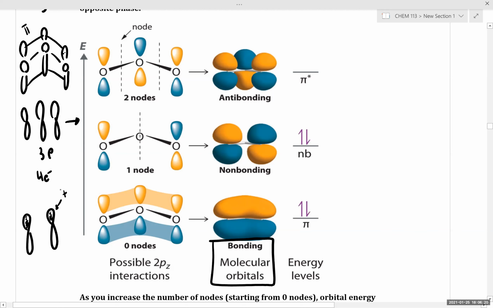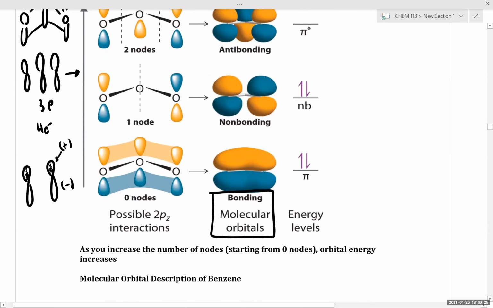The phasing refers to positive and negative amplitude phasing, just like from the wave perspective, how a wave can have a positive or negative amplitude or phase. Based on the phasing of our p orbitals, they will overlap and interact in either constructive or destructive ways. Does this look familiar to everyone? Does this idea of orbital phasing and orbital overlap look familiar?